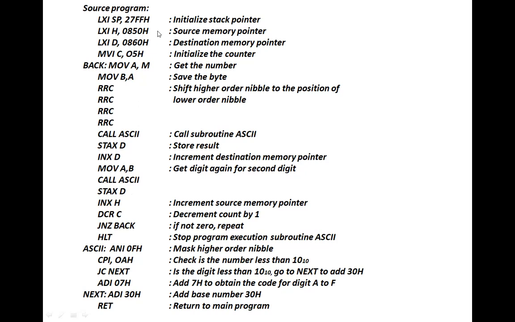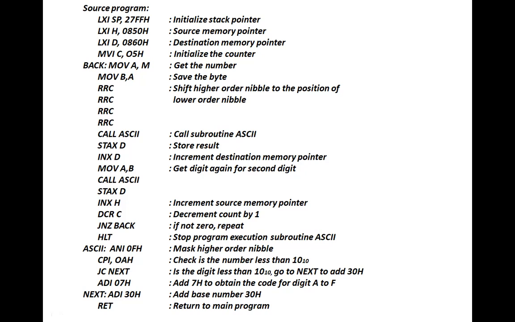So 0850 was containing 01, and after calling and executing the subprogram, 30 has been added, so the accumulator becomes 31, and this 31 is stored at memory location 0860 by using the STAX D instruction. And then we increment the DE pair content by 1 so that it becomes 0861.